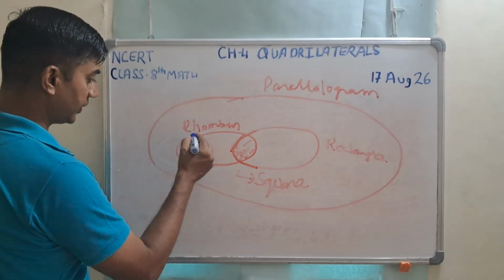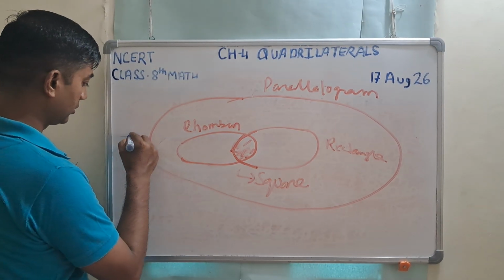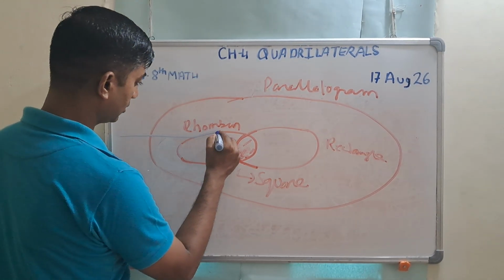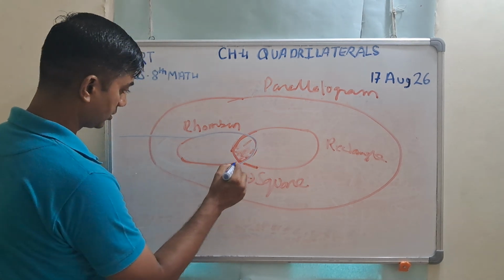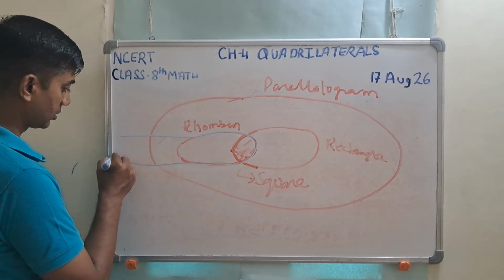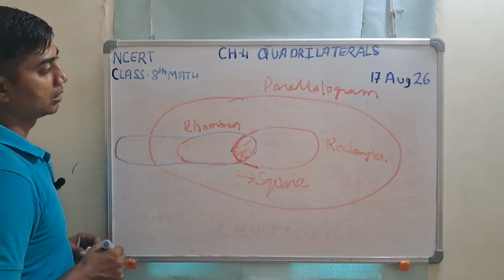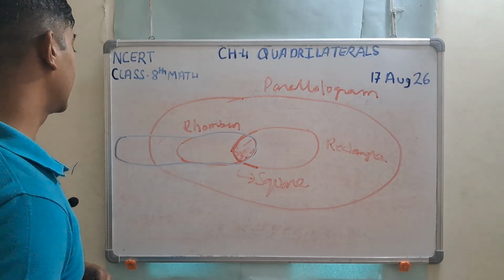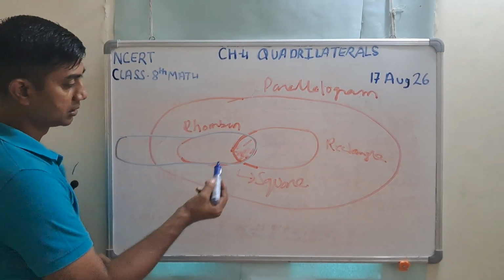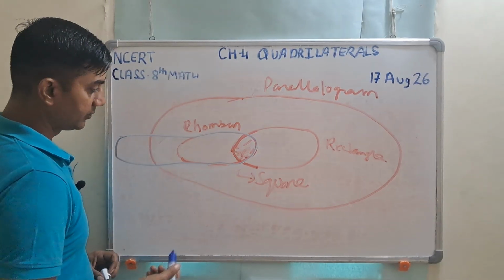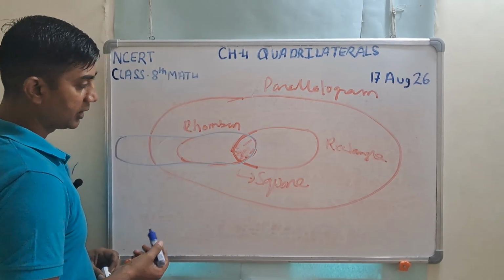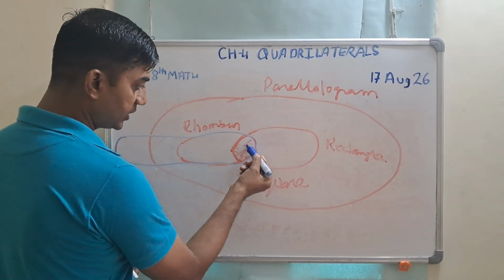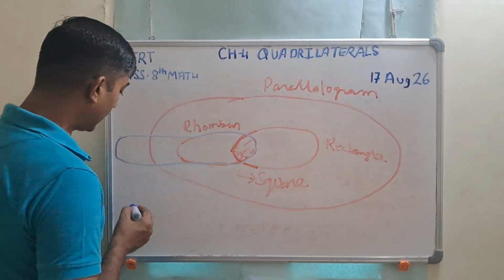But if we extend this figure like this, understood? It means square is also a kite, rhombus is also a kite, and those rectangles which are squares are also kites.